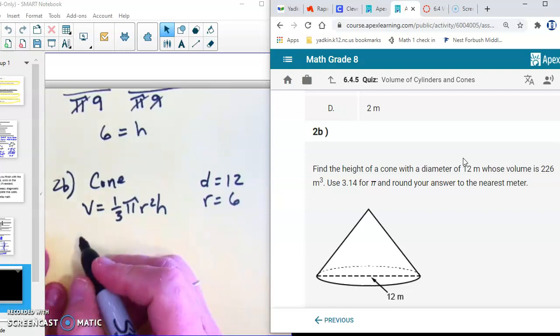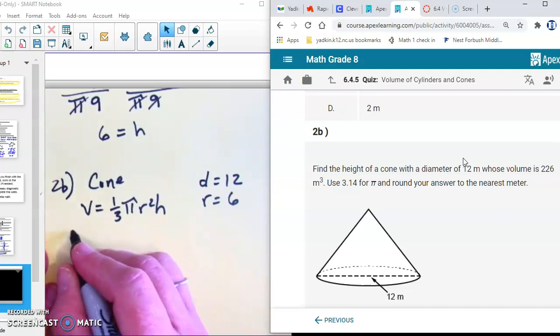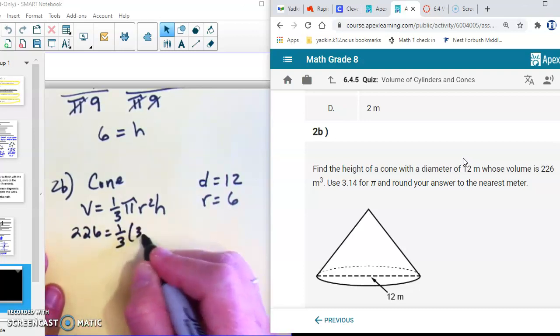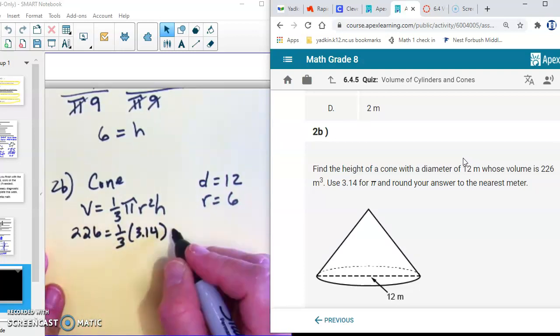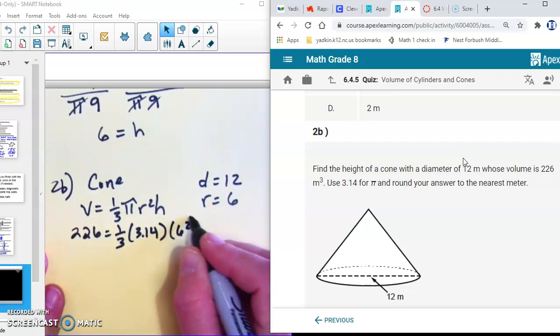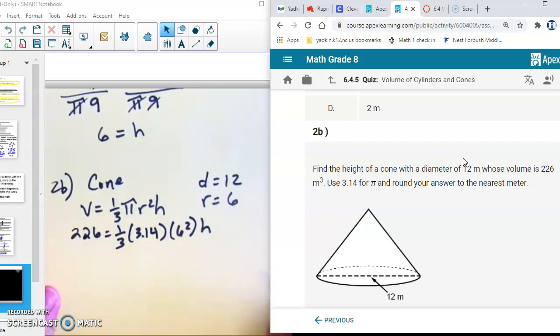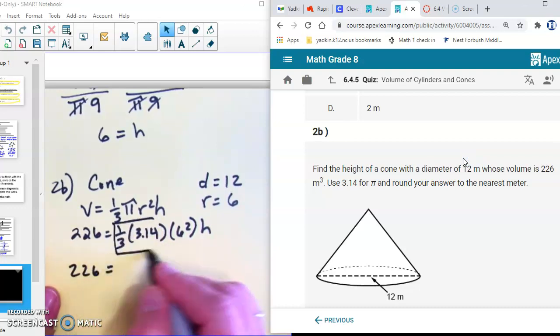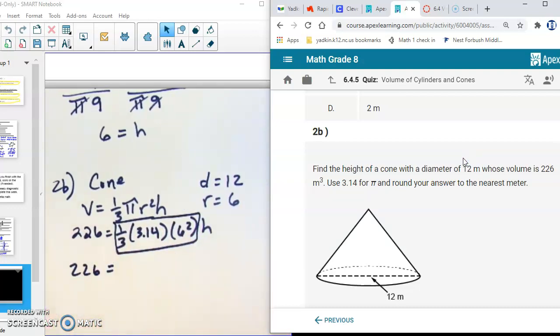Okay, so let's plug in the information that we know. Volume is 226. It told us to use 3.14 for pi. The radius is 6, so 6 squared, and we are solving for h. So 226 is equal to, let's find out what this is equal to so we don't have to write it over and over. I don't have Desmos open right this second, so let me pause this.